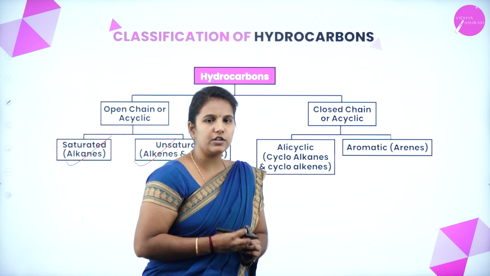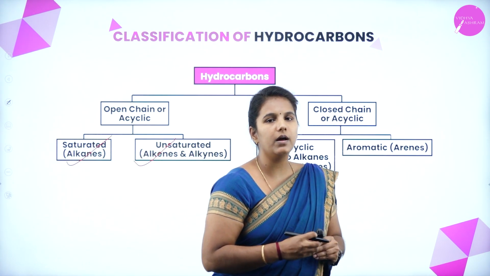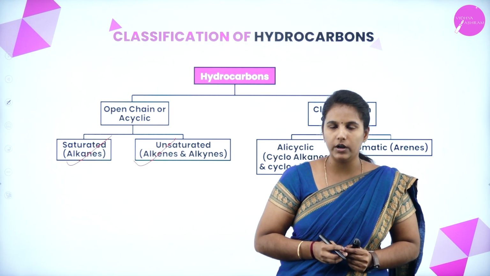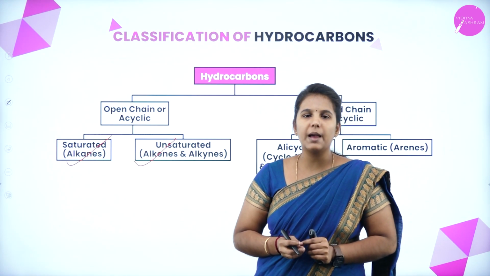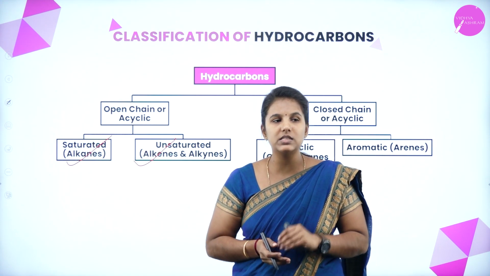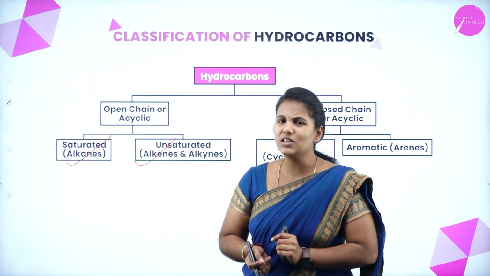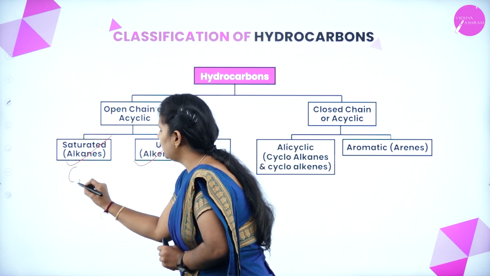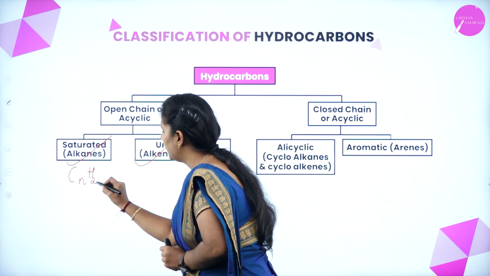In a saturated hydrocarbon, remember, between the two carbon atoms there will be a single bond. The best example of saturated hydrocarbons is alkanes, and the general formula for the alkane is CnH2n+2.